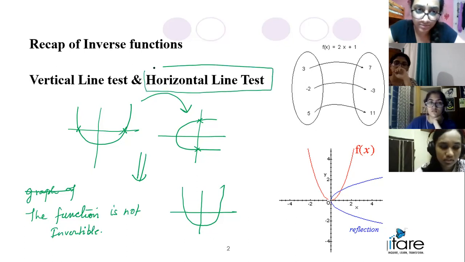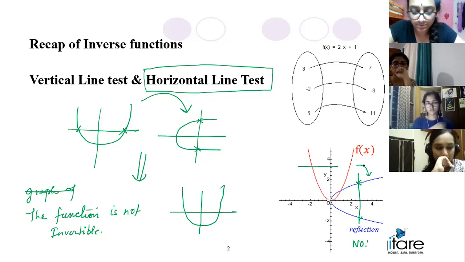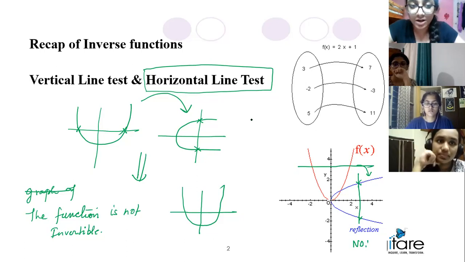Invertibility was a two-step process: I had to do the reflection and a vertical line test. Cutting in 2 points, so not invertible. I want to avoid the two steps. Keep the graph as it is and draw a line here. It is cutting. So then all parabolas wouldn't be invertible. Yeah, correct. They are not invertible. Any parabola is not invertible.